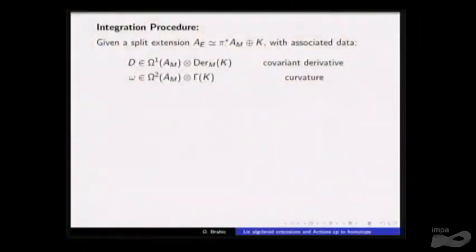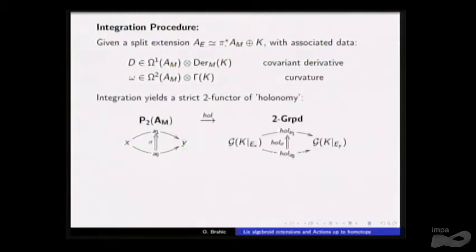Okay, so recall now that if I take an extension and I split all my extensions, I have one form by using derivation of k. The symbol is projectable. Well, there's a few details that I'm hiding here. Okay, and what this integration procedure yields is what is called a strict two-functor that is holonomy.